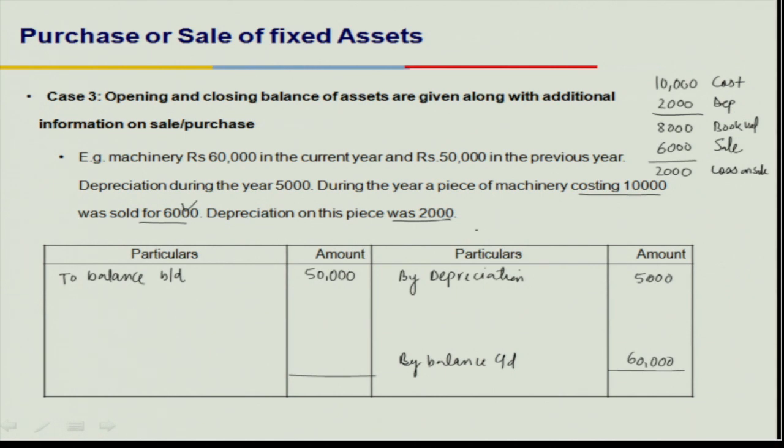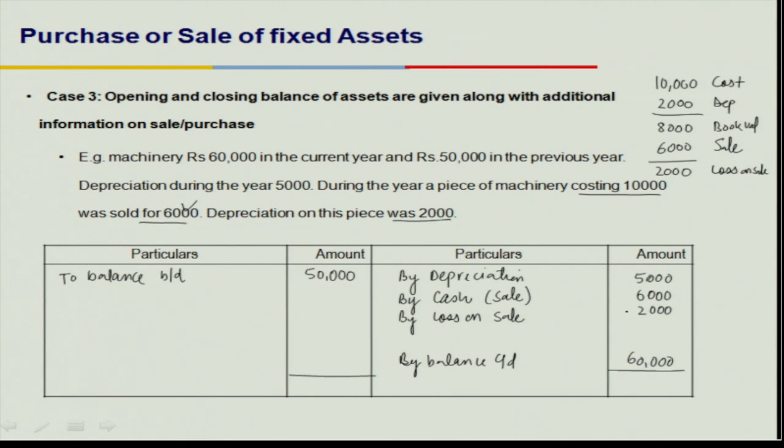Now, what is going to be the journal entry for this? When you sell, you have cash coming in, so cash account debit, which means you are going to write on the credit side. So you have by cash, which is sale, and the sale amount is 6,000. And then there is a loss on sale, which is 2,000.